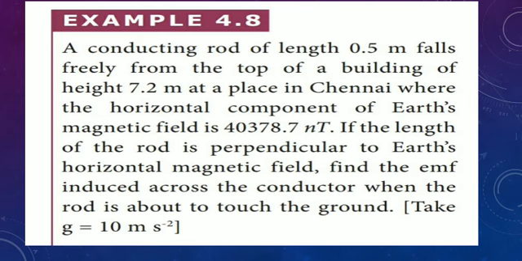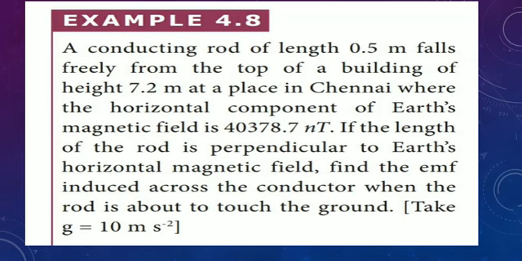If the length of the rod is perpendicular to the Earth's horizontal magnetic field, find the EMF induced across the conductor when the rod is about to touch the ground. Here the g value is 10 meter per second square, or ms power minus 2.